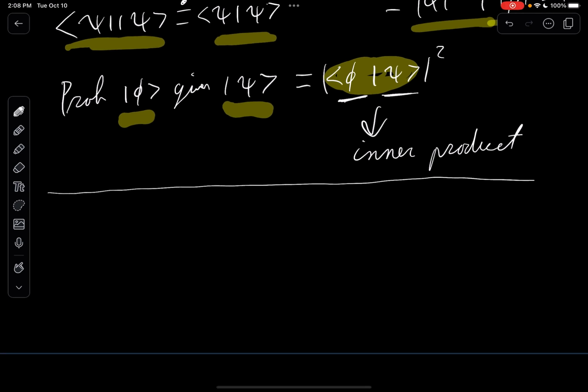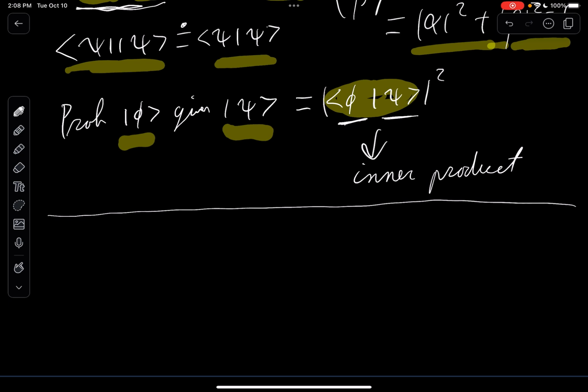To reiterate, Dirac notation gives us a convenient way to express the probability of observing a given state, phi for example, given that we have psi. It's expressed in terms of the inner product, and since we end up with a complex number in general, we also take the absolute value squared to get a real number. This is the associated probability.